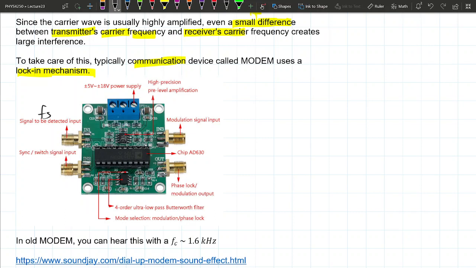There's also this sync signal, which is just a synchronization thing. But what's important for our discussion is that your modulation signal is sent along with your regular signal. So now you actually have two lines. One is to send the information, the other line is to send just the modulation frequencies.